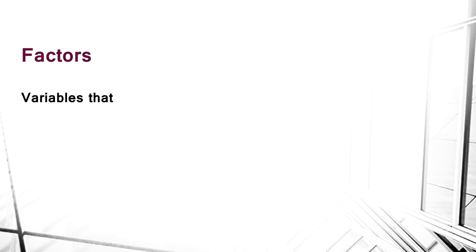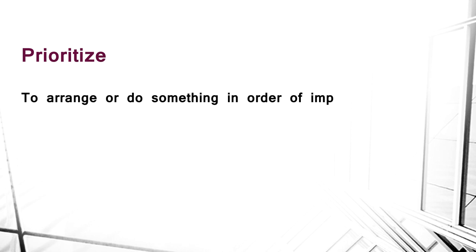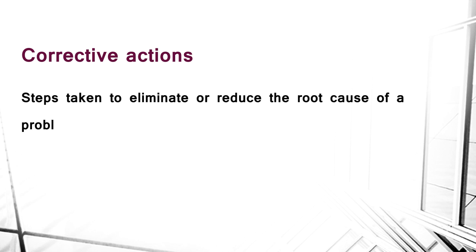Definition: variables that contribute to a problem or issue. Important word: prioritize. Definition: to arrange or do something in order of importance or urgency. Important word: corrective actions. Definition: steps taken to eliminate or reduce the root cause of a problem or issue.